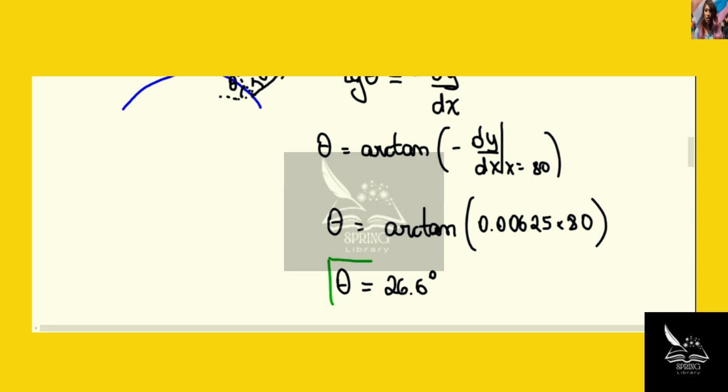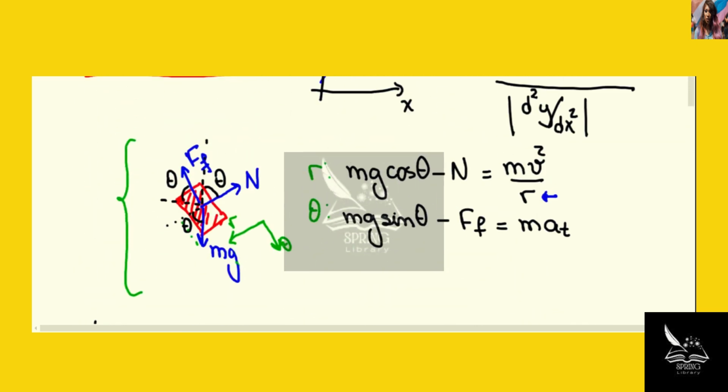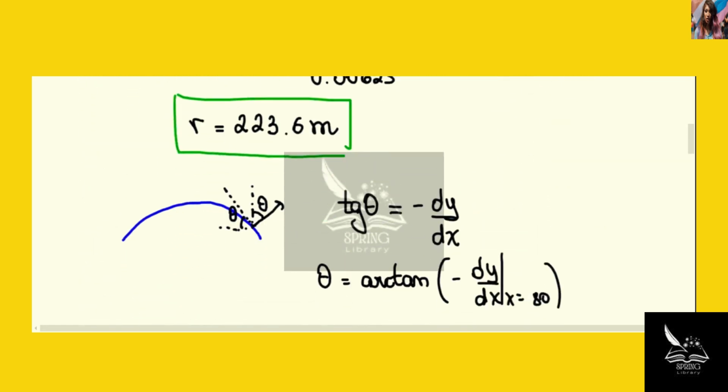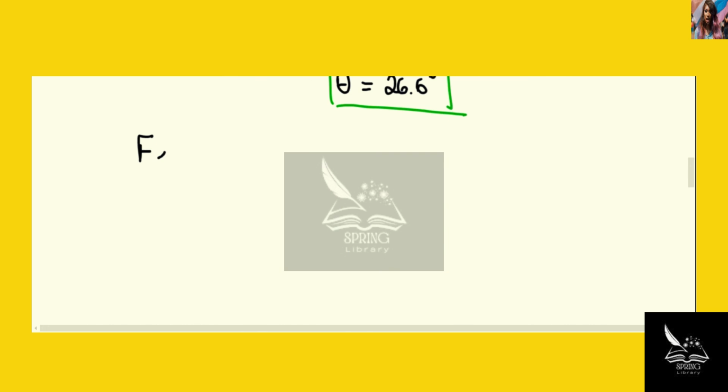Okay, so now we have all the information we need in order to solve the equations that we had before for the friction force and the normal force. So I'm going to take the second equation first, the equation for the theta coordinate. Notice that I said before that the speed is constant, meaning that the tangential acceleration must be equal to 0. So this term here is just 0. So I have that the friction force is equal to mg times the sine of theta.